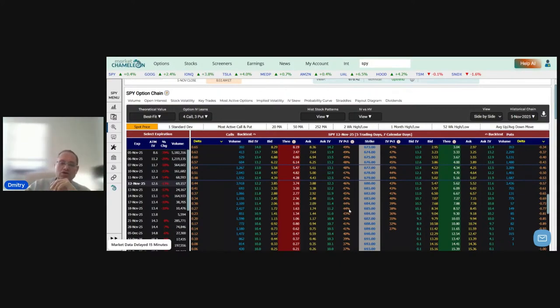If we go all the way here and we see that the delta of this option is 27, which means that the option price is expected to change by 27 cents for a dollar move in the stock price.